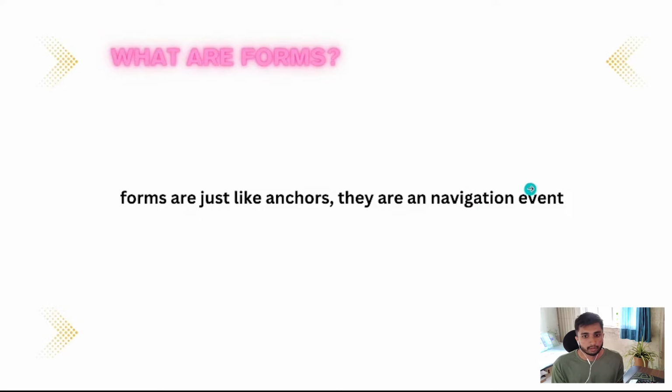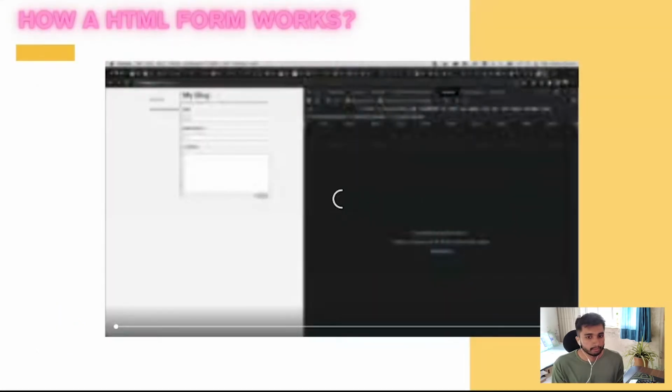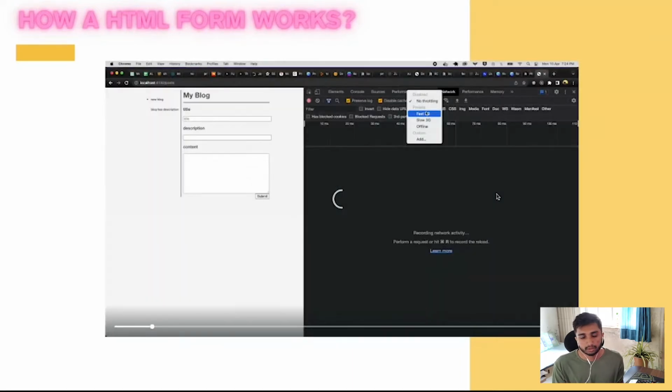So now we'll be looking at a simple multi-page app form. It is a very normal HTML form. There is nothing special in this, but I want you to understand how this works, so that in the end it is very easy for you to understand the mental model of Remix forms.